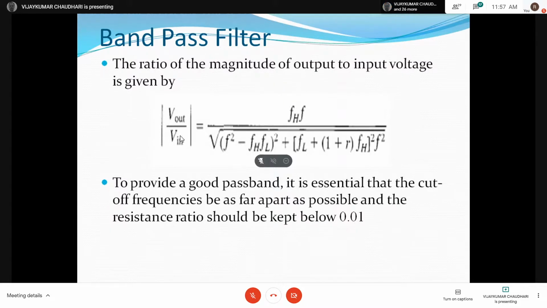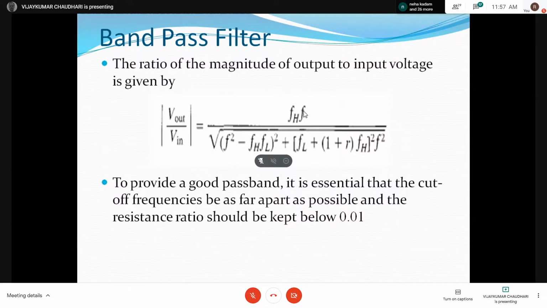Okay, and as usual, we want Vout upon Vin, the gain or attenuation of the total filter. It is given by FH into F divided by the root of (F square minus FH FL) whole square plus (FL plus FH(1 by r... where r is RH upon RL)) into FH square into F square.